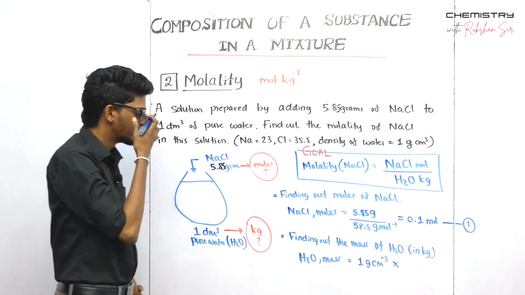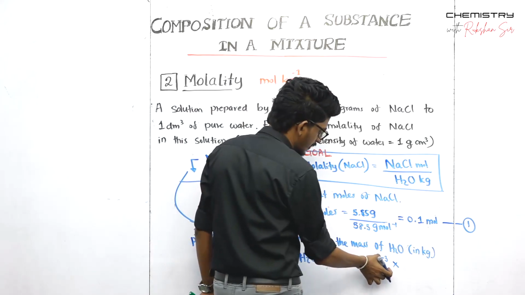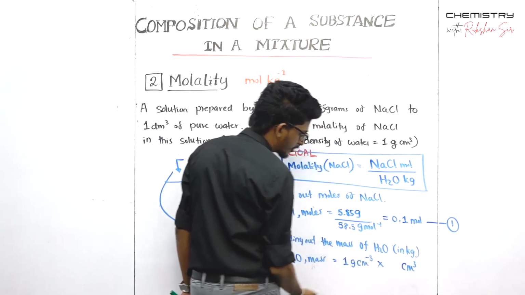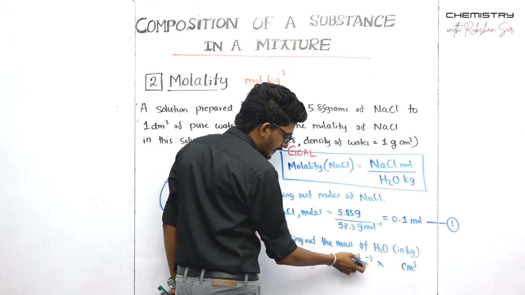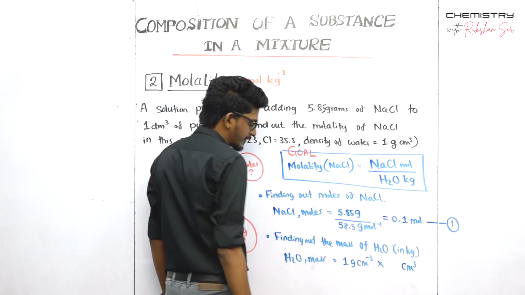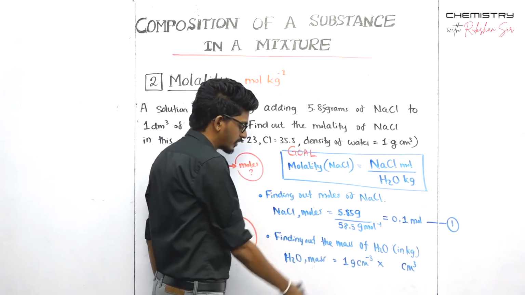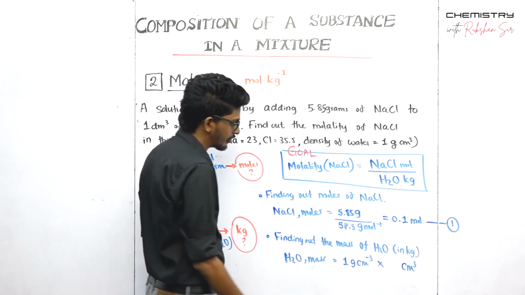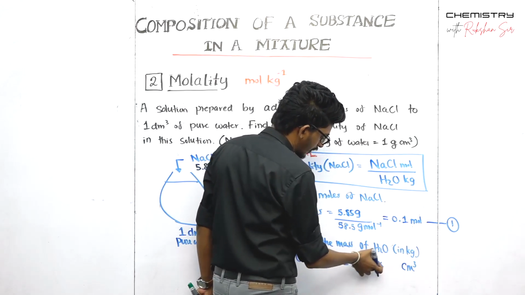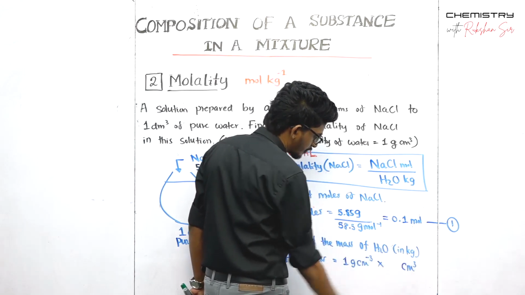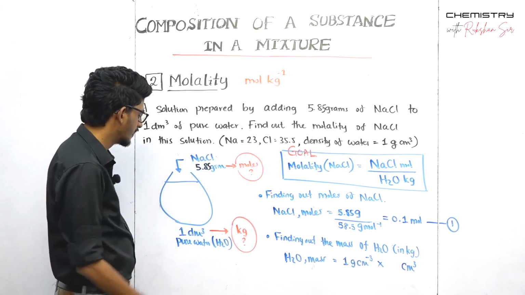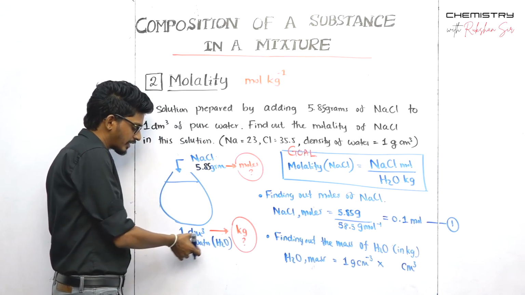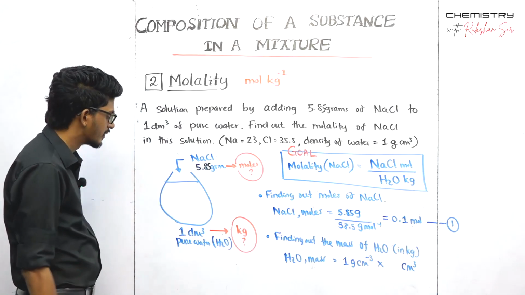into V. The volume should be substituted in terms of centimeter cubes, to get rid of centimeter cubes and come up with a gram unit, because we are referring to mass now. So the mass unit should be there. So 1 liter, decimeter cube, means 1000 milliliters.